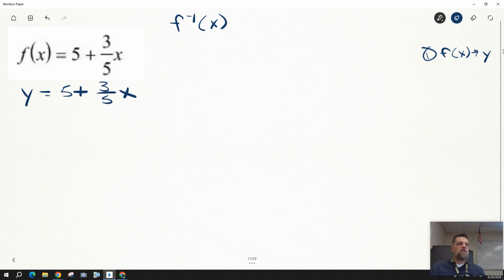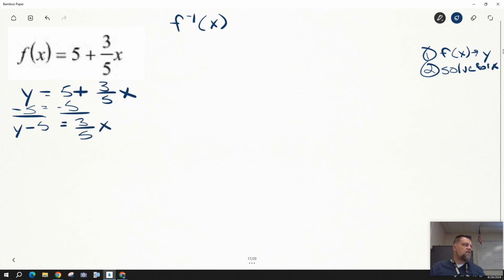Okay. Next, we're going to solve for x. So I'm going to subtract 5 from both sides. I get y minus 5 is equal to 3 over 5 times x.